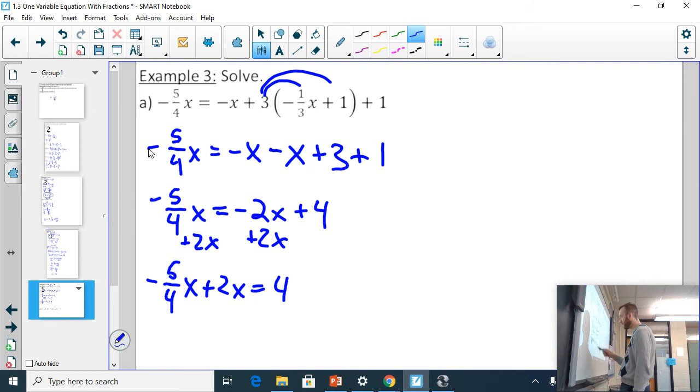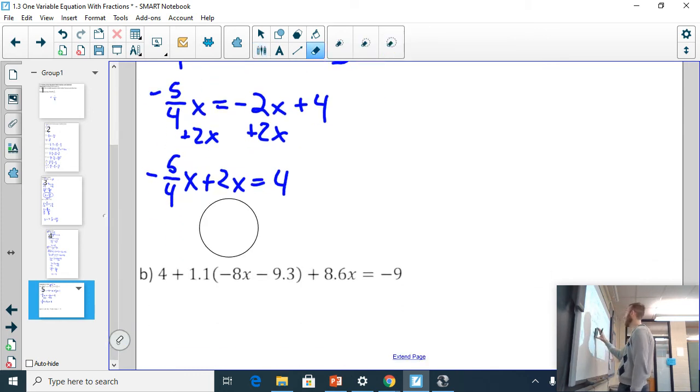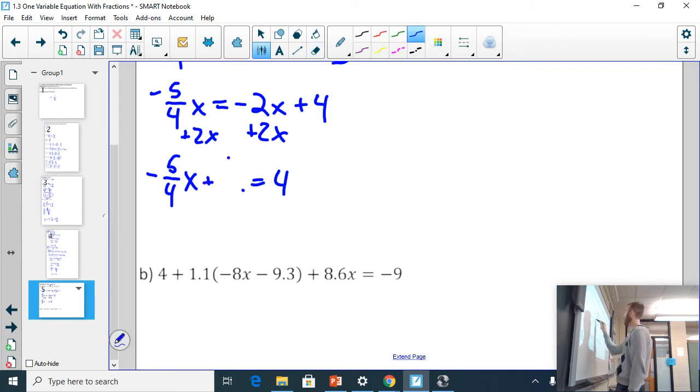Well, don't we agree that 2x is the same thing as, if I want to put it over 4, 8 over 4 x? And so when I do that, now I can just add straight across. Negative 5 plus 8 is going to be positive 3 over 4x equals 4.